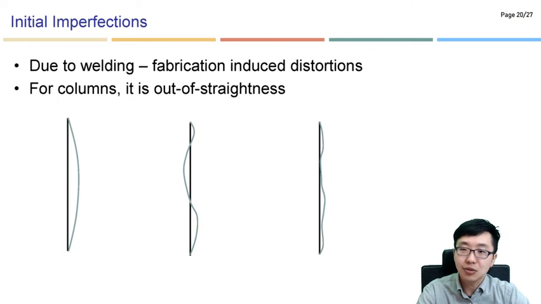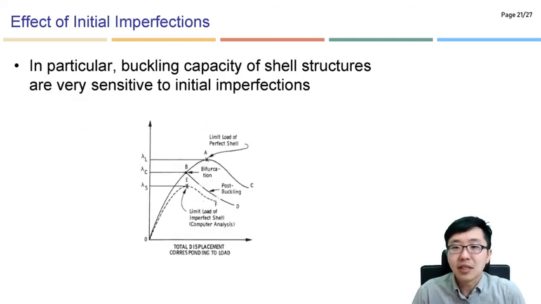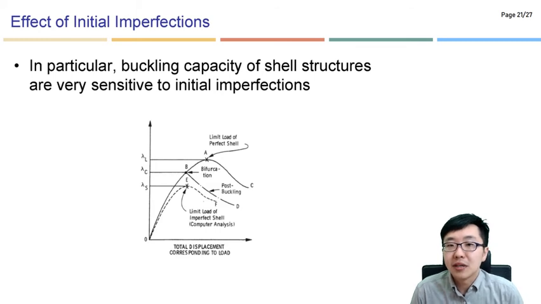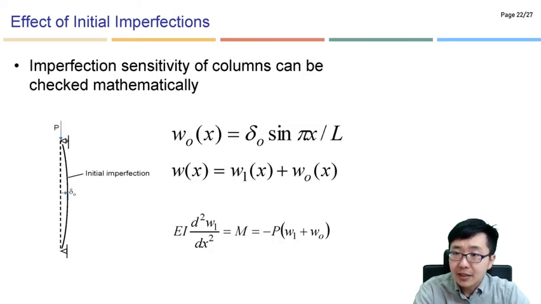So how do we consider this kind of realistic issue? In particular, the buckling capacity of shell structures is very sensitive to initial imperfections. And the imperfection sensitivity of a column can be checked mathematically.